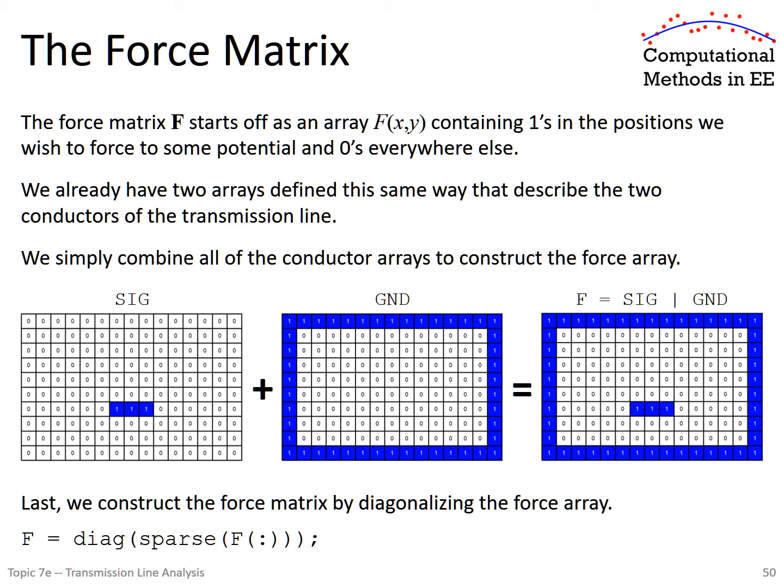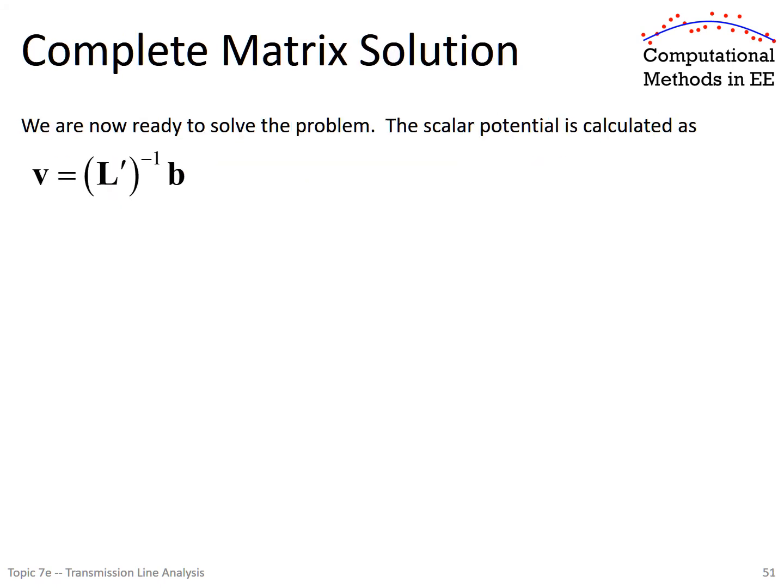We're not differentiating between signal or ground, just where there's metals. And then we can make that a diagonal matrix. So that's why I said these are really automatic. Since we've created these two arrays describing our two metals, we simply just OR them together and diagonalize it, and we have our force matrix. So it's very rapid to calculate given those two arrays of where our metals are. Okay, so we backward divide L backward divide by B, and we have our scalar potential.